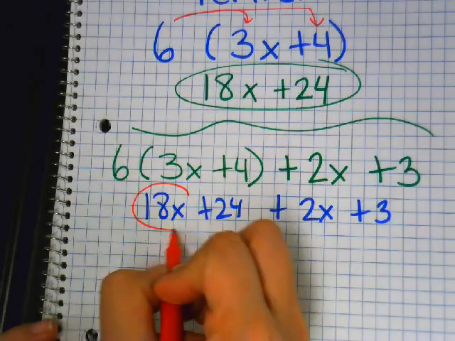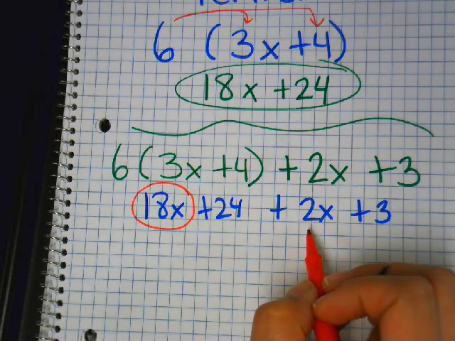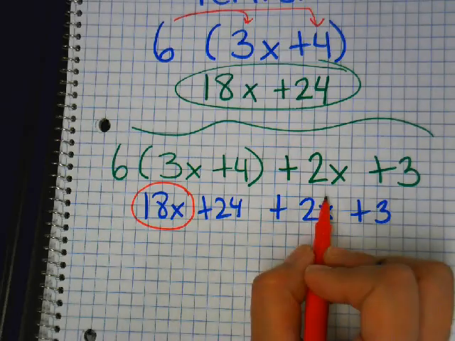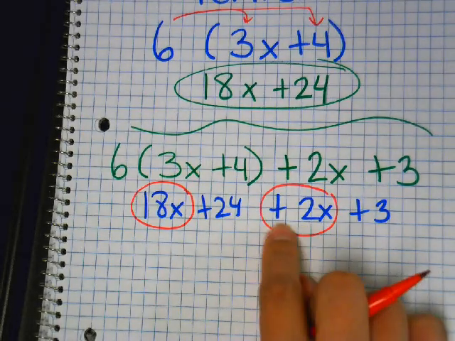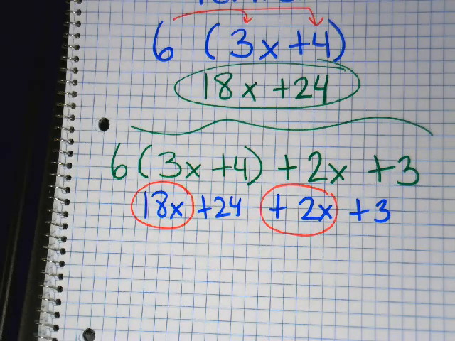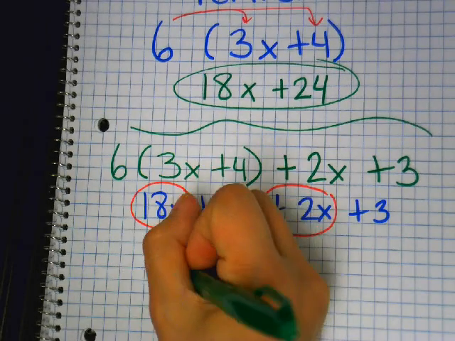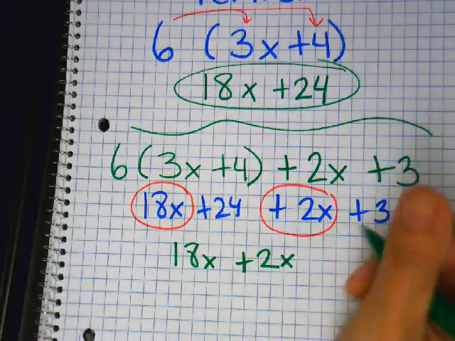I'm going to circle the 2x along with the addition, the operation in these problems. So you add, which equals 20x, and then you add 24 and 3, which you get 27.